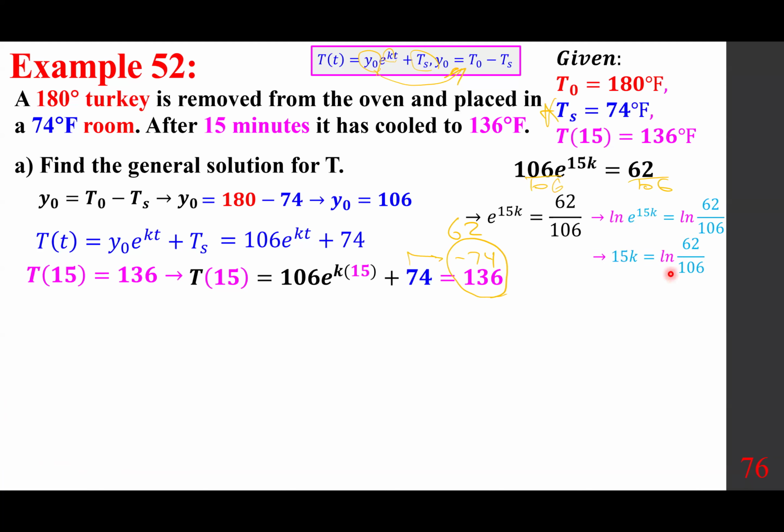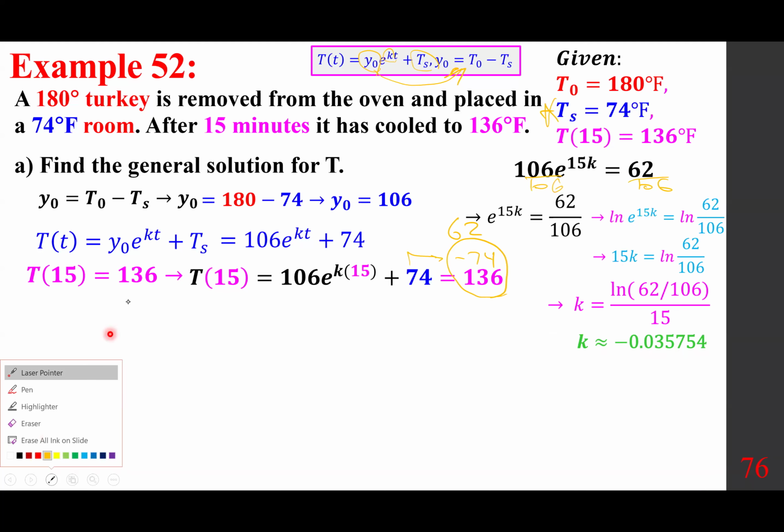So k is the right side divided by 15. Now use a calculator, and you end up with negative 0.035754. So T of capital T has this formula, and now we have everything.